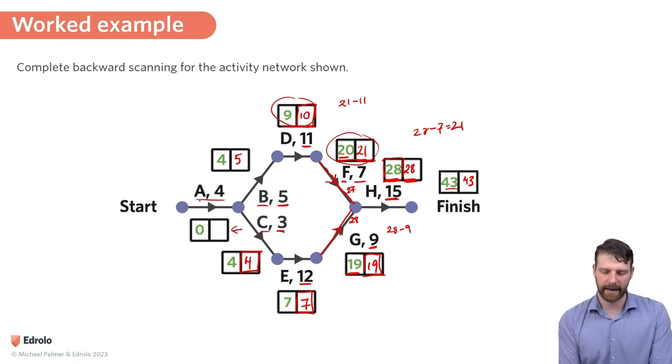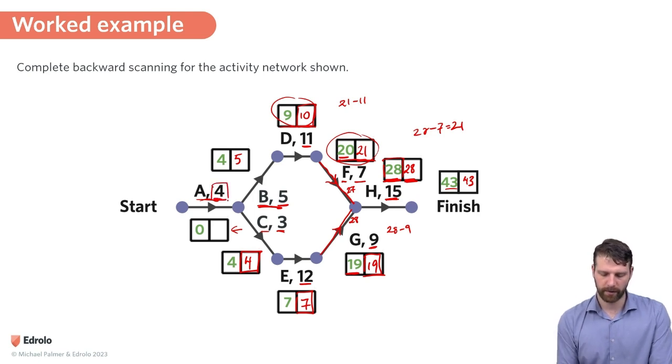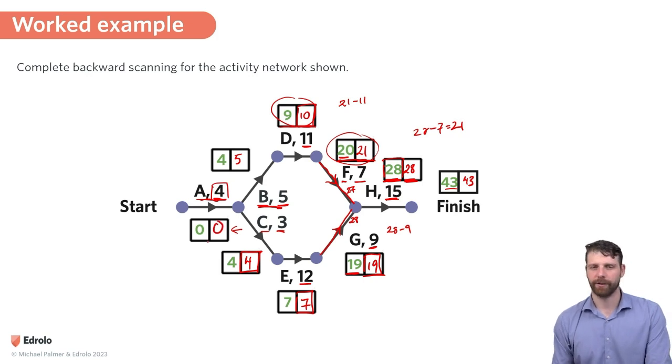So we can't delay A at all. We could delay it for B, but because it's an immediate predecessor for both, we have to take the highest value here. So we need to take 4 minus 4, which is 0. Hopefully that makes sense. I've now finished LST, and what you notice is that I've got this box here that's 0, 0. That should always happen.